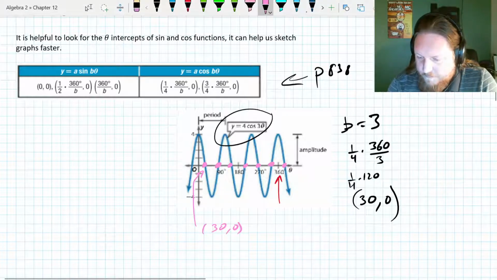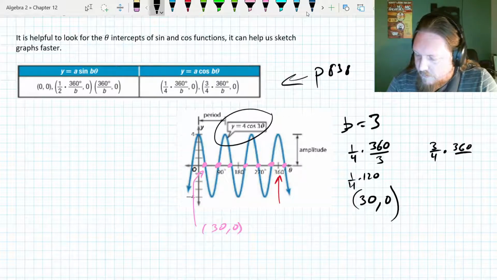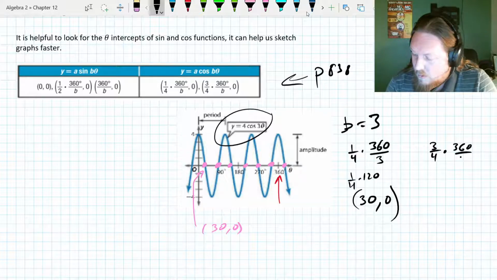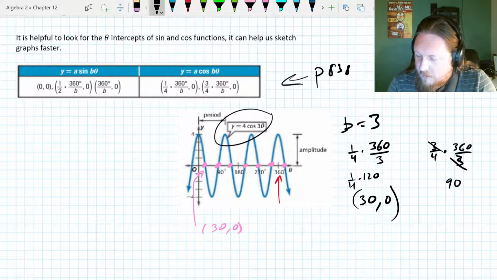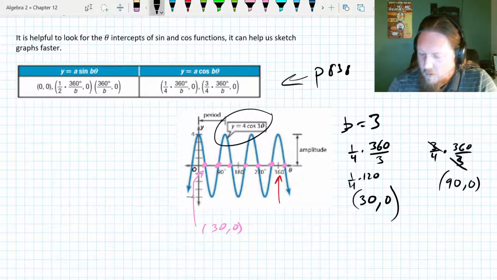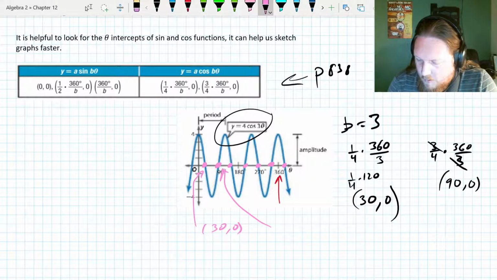For the next one, we would do 3/4 times 360 divided by 3. So 360, wait a second, we divide those out there, those 3's go away. 360 divided by 4 is going to be 90, comma, 0. And you can see that is our second pink value right there, and that is 90, comma, 0.